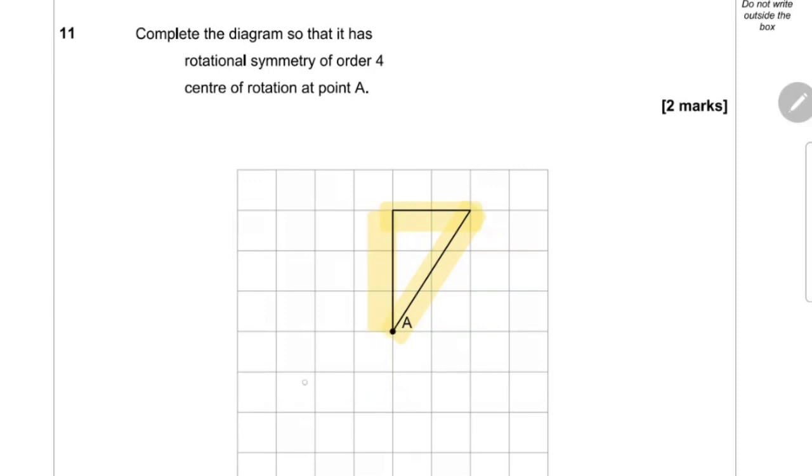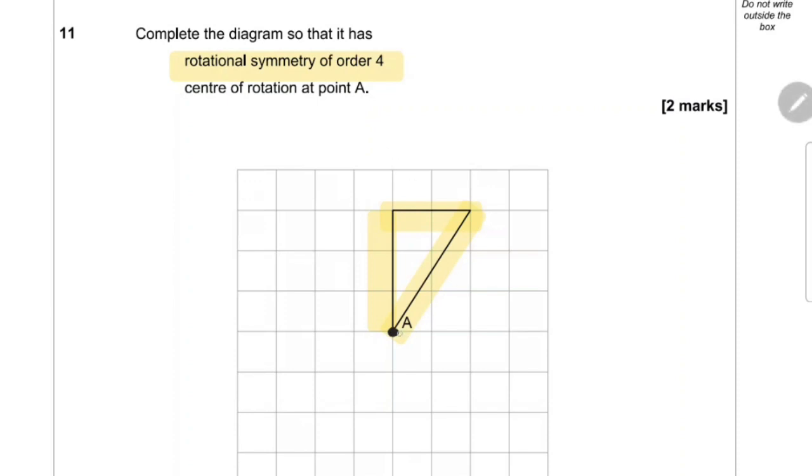Because about a point, so we've got this point A, there are 360 degrees about a point. And 360 degrees divided by 4, because we're looking at rotational symmetry of order 4, is equal to 90 degrees. So we want to rotate this by 90 degrees 4 times and draw those in so that we have this rotational symmetry of order 4.